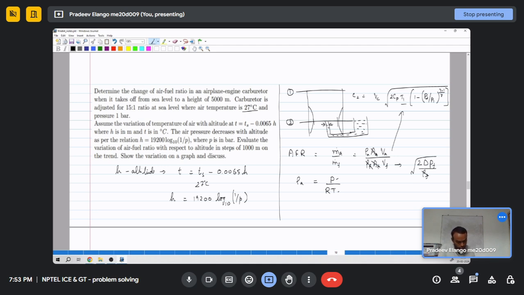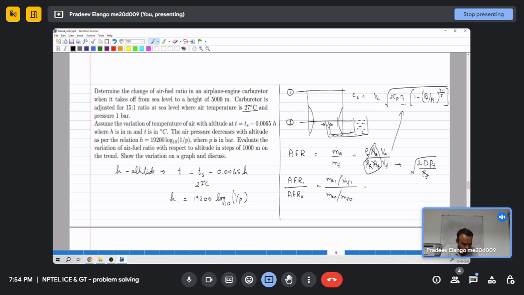So finally we have 1 by AF by 0. AF0 is the air-fuel ratio at ground, that is 15:1. And AF1 is something that is changing. So here it is m dot A1 by m dot F1 by m dot A0 by m dot F0. So we saw these parameters don't change, and VA and VF don't change significantly. VA can change with respect to the root of T1, but otherwise it doesn't change.